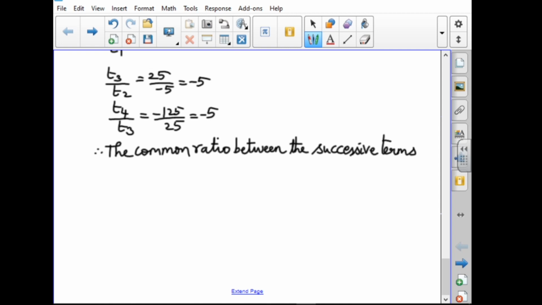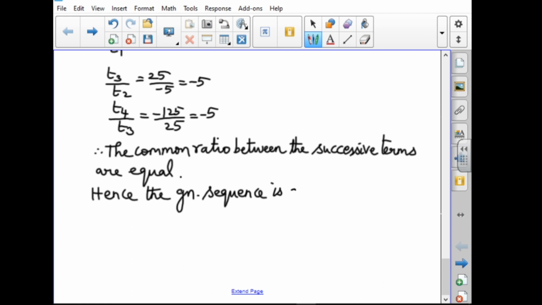It is minus 5. Hence, here it is coming negative. The given sequence is a GP.